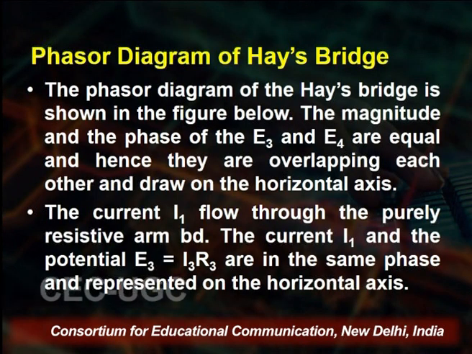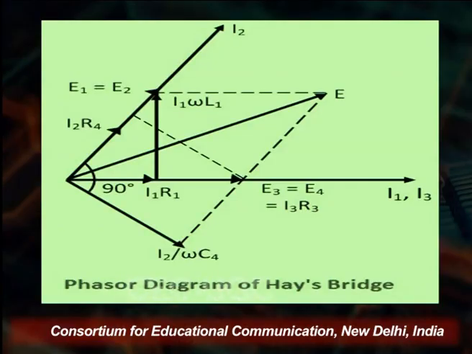And you see that the current I3 flows through the purely resistive arm BD, and the potential E3 is equal to I3 R3, and they are in the same phase. Here E1 is equal to E2, E3 and E4, and the current flows in the same manner, so that I1 R1 is equal to I3 R3.